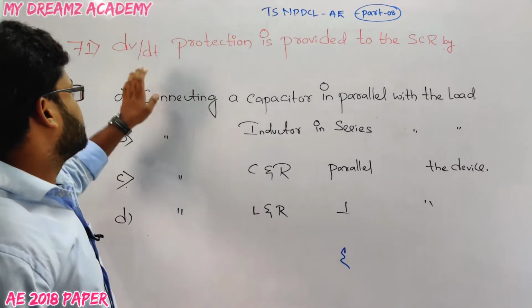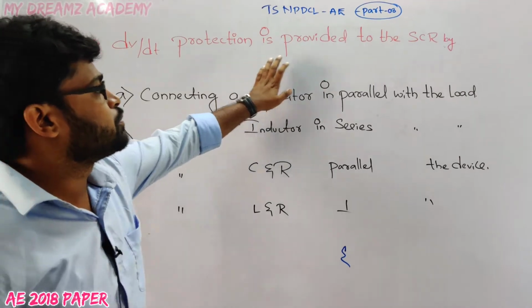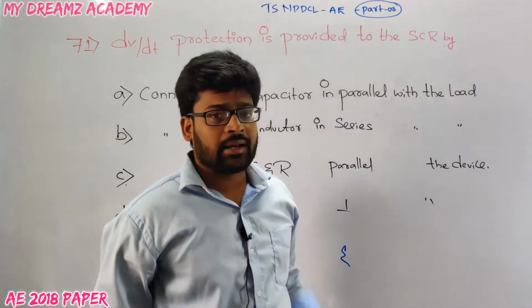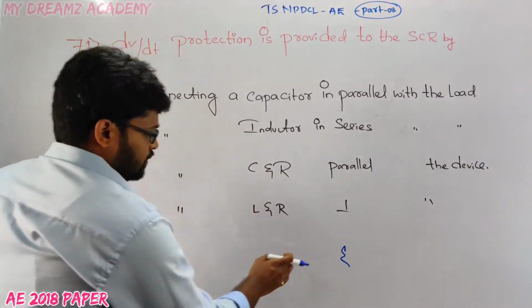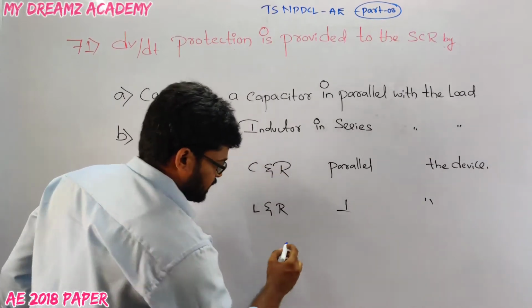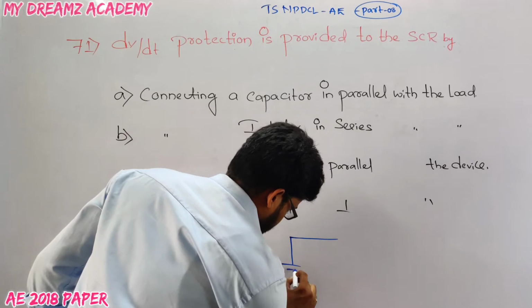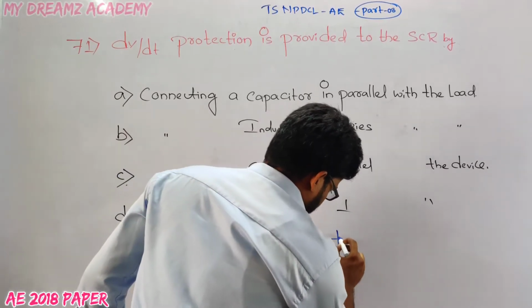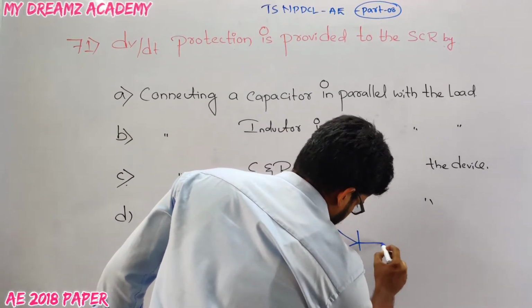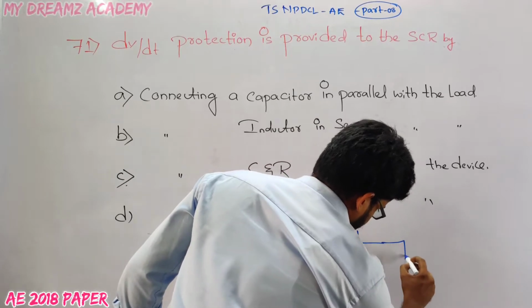Here the question is, dV by dt protection is provided to the SCR by. Generally we need to protect the SCR. The circuit is like this. This is SCR and this is load.